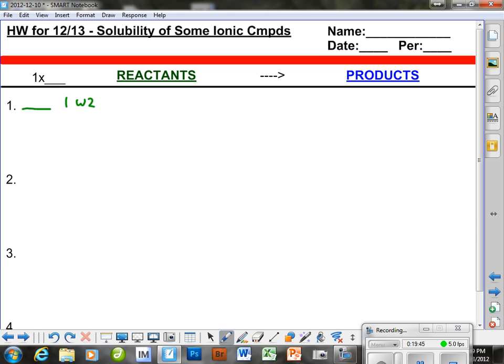So number 1 is lead 2 nitrate, Pb(NO3)2, and the next guy is number 2, and that's iron 3 chloride, FeCl3. And then you got to come up with the products. And that's what you've never done before.